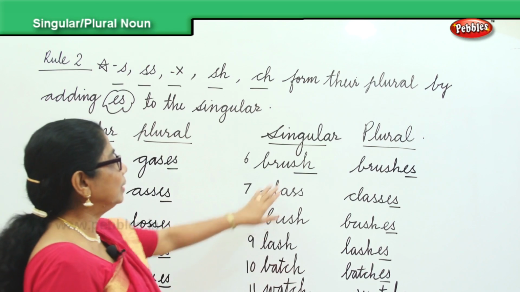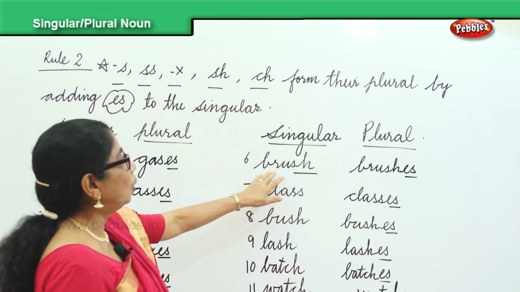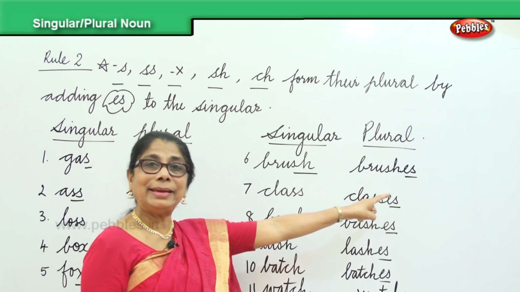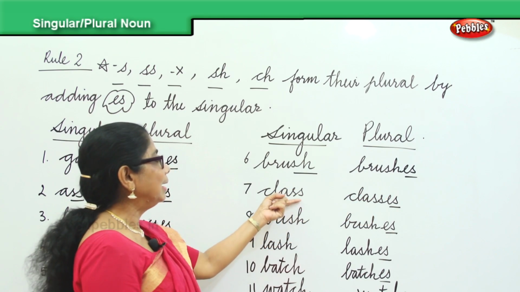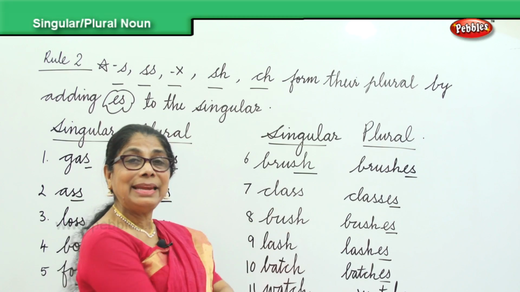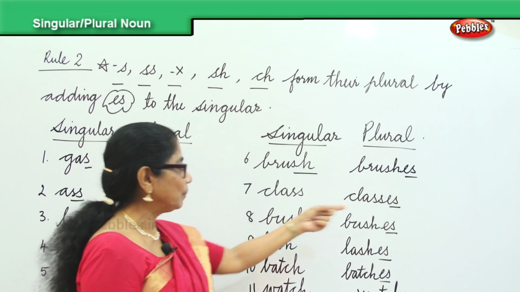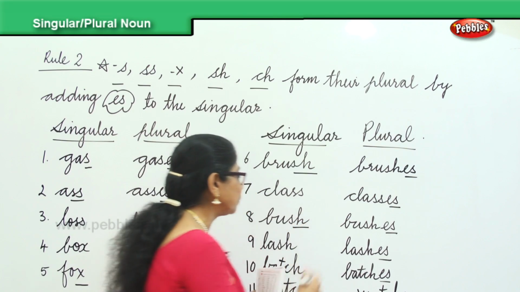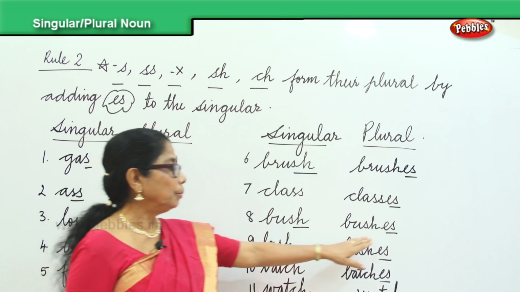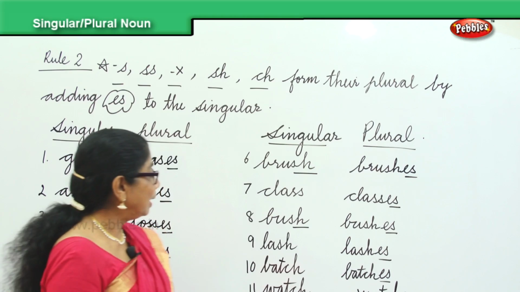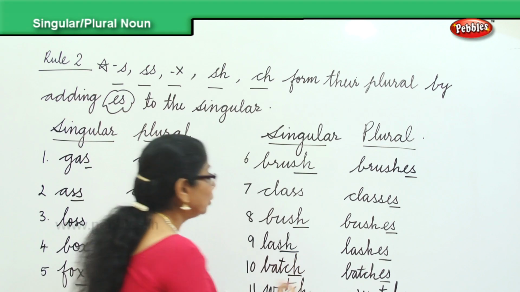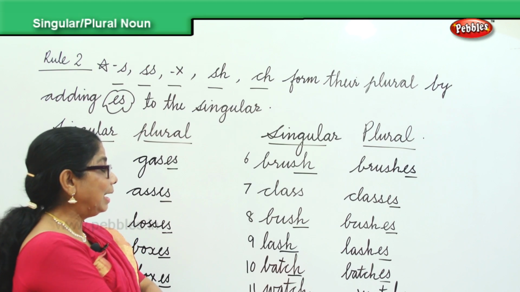Then nouns ending in sh. Brush, brushes. Nouns ending in double s: class, classes. Bush, bushes. Lash, lashes.